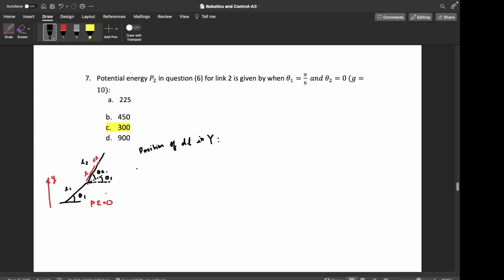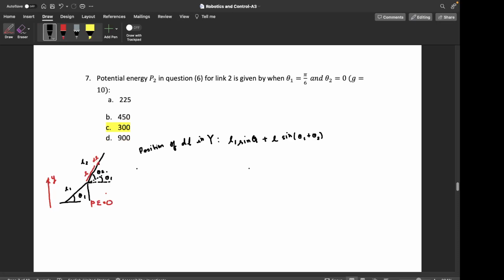So first you compute this height, L1 sine theta 1, and then you compute height of this. So this is L sine of theta 1 plus theta 2. So the y position of that element is L1 sine theta 1 plus L, not L2, because we are taking an element at a distance L from that joint, L sine theta 1 plus theta 2, right?